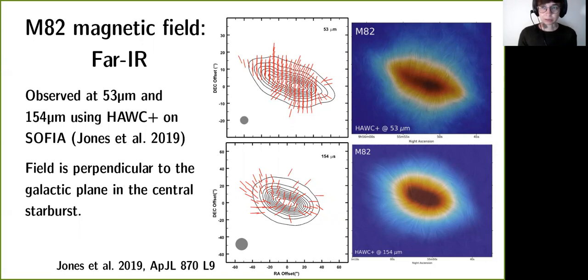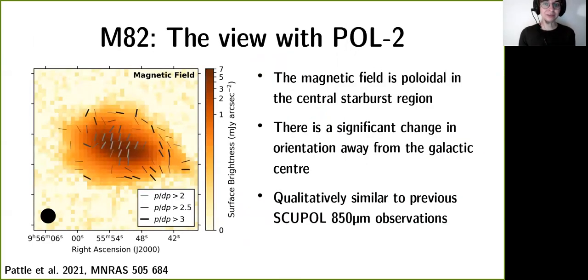We decided to have a look with Pol 2, essentially to see whether we could replicate the observations made with SCUPOL. And what we found is that qualitatively we can, which is always reassuring.